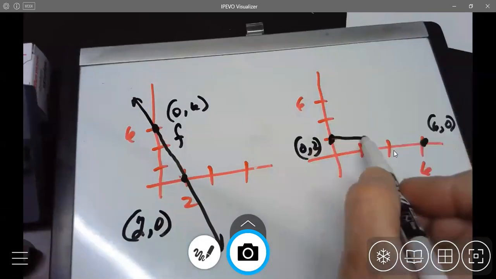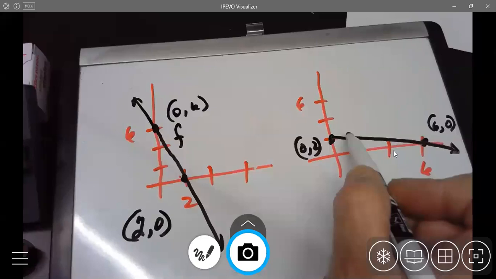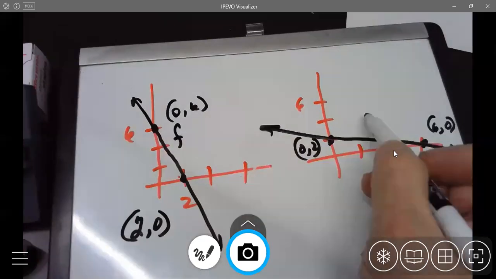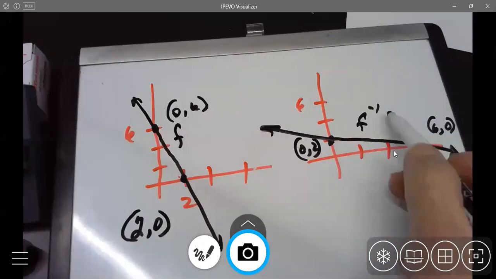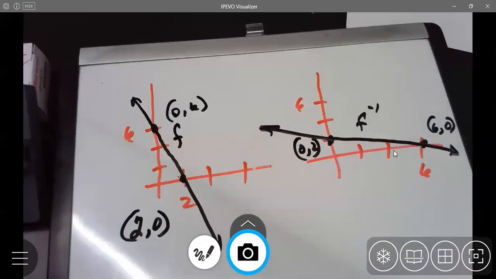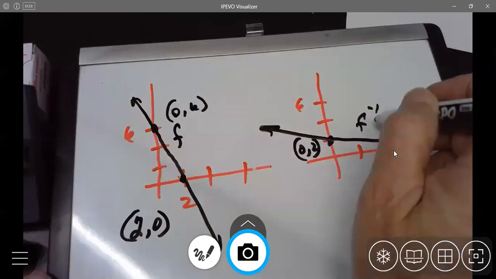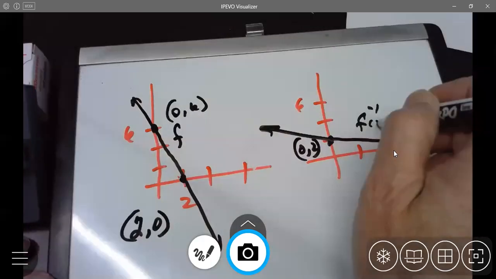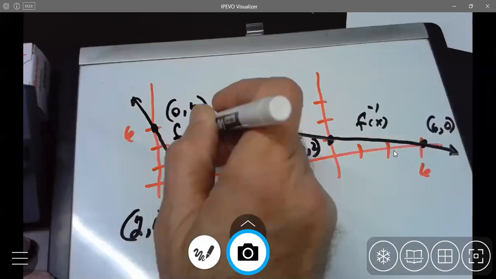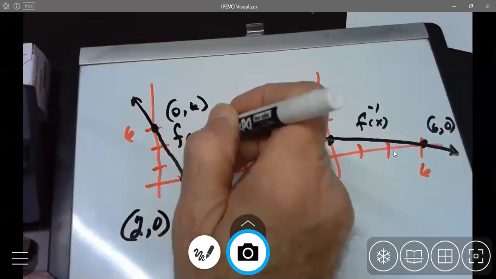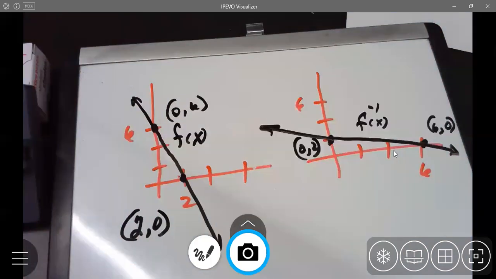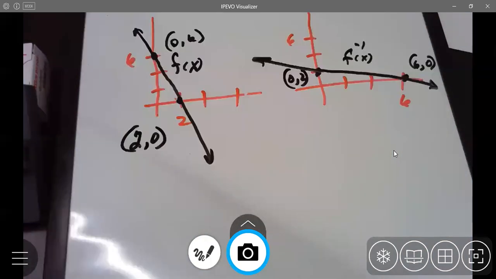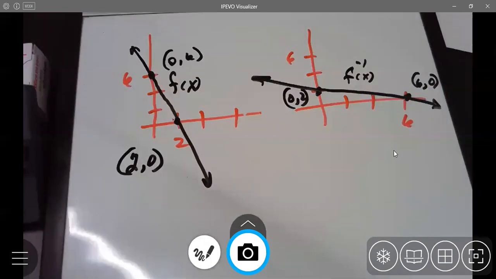And so we have our graph for our inverse function. You can write it as f inverse or f of x inverse, same thing. A lot of times the graphs will just show f. So that's how you find the inverse graphically.